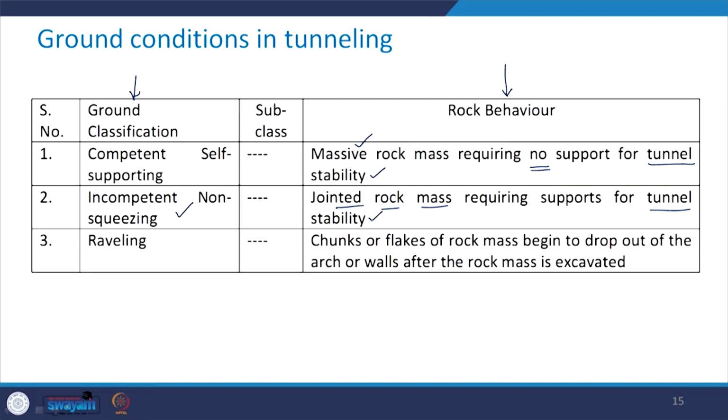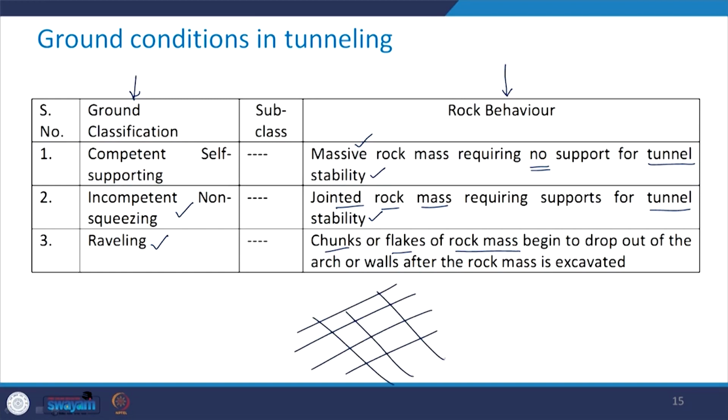The third one is the raveling ground condition. In this one, chunks or flakes of the rock mass begin to drop out of the arch or walls after the rock mass is excavated. So, let us say you have this kind of rock mass with some joints or discontinuities, and then you excavate like this.